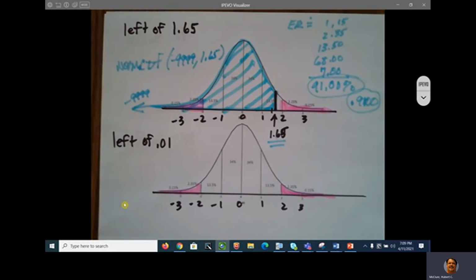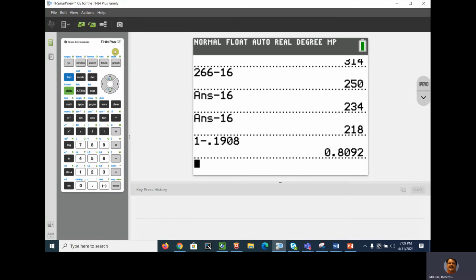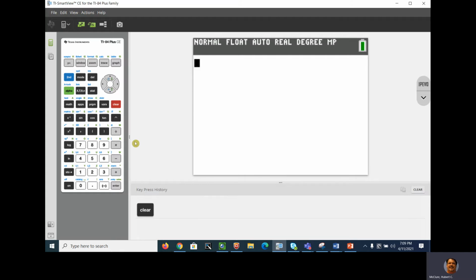So take our handy dandy calculator, and let me clear everything so everybody's on the same sheet of music.